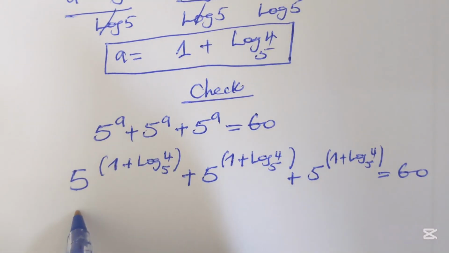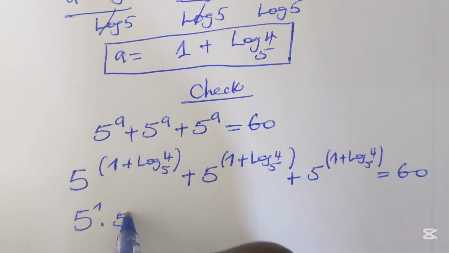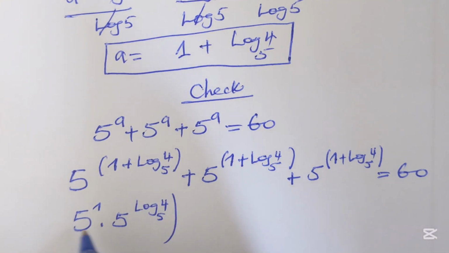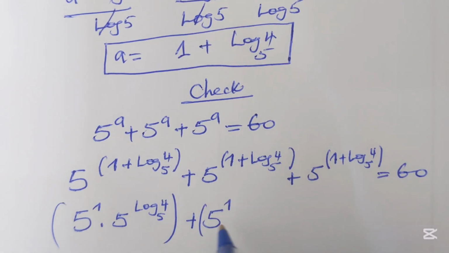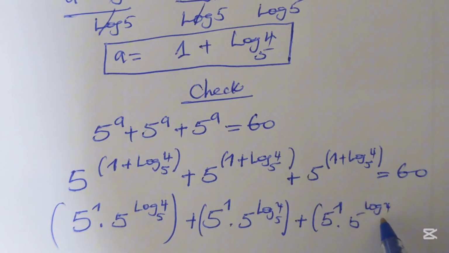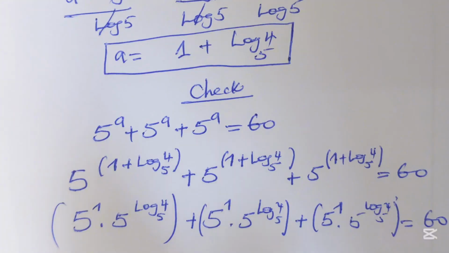Then here this equals 5^1 times 5^(log of 4 to the base 5), plus 5^1 times 5^(log of 4 to the base 5), plus 5^1 times 5^(log of 4 to the base 5) equals 60.